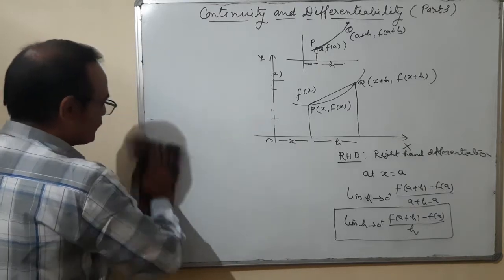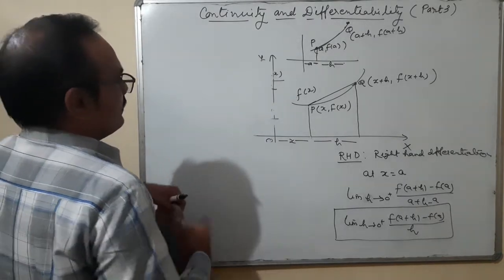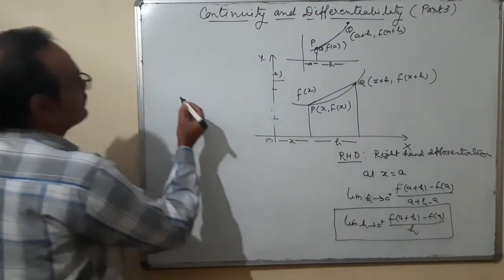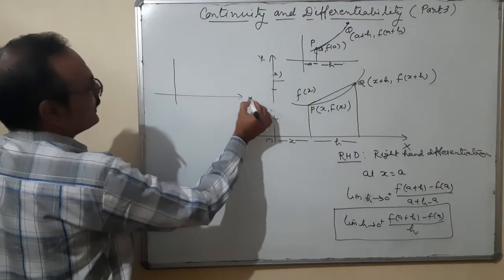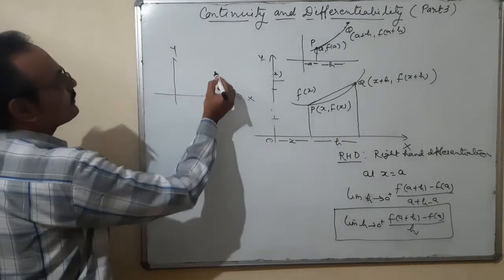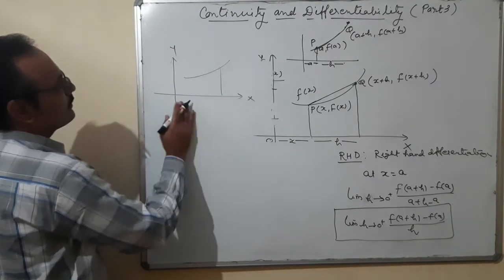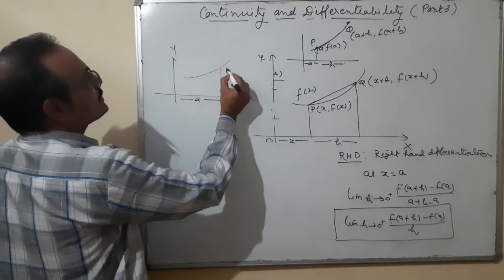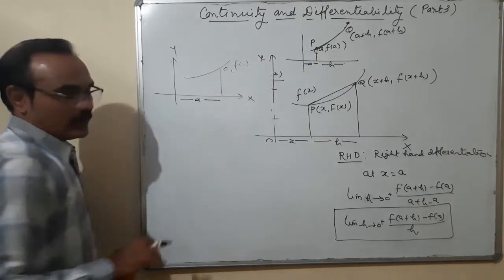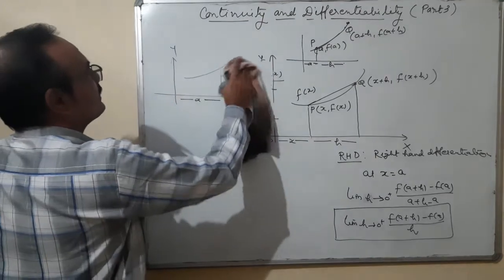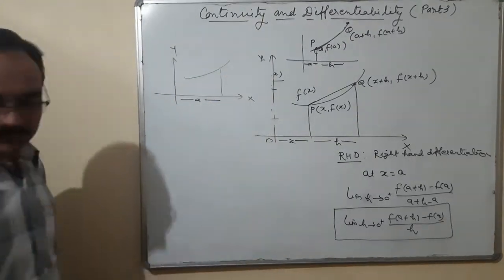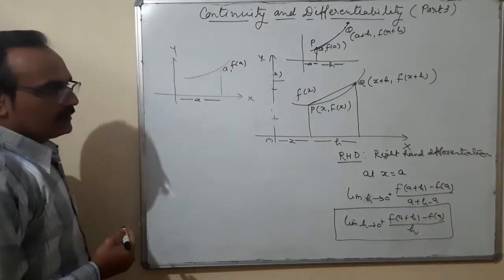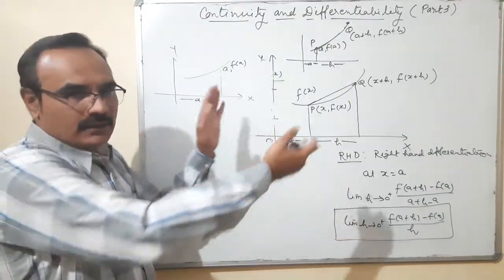So when we approach from right side to left side, x and y, this point is A. So the point is A and f of A. It is A and f of A. It was right hand differentiation, left hand differentiation.